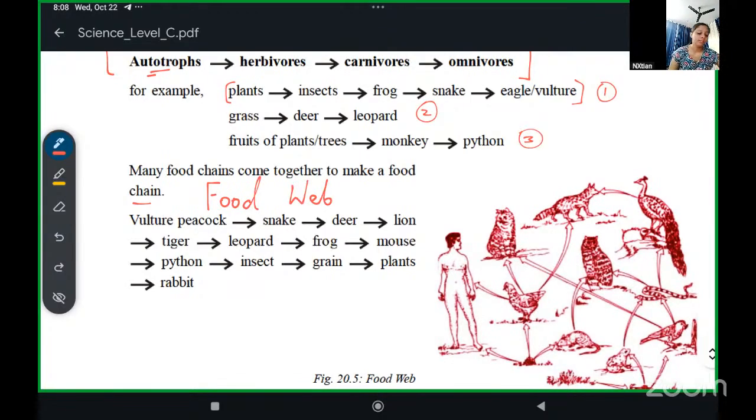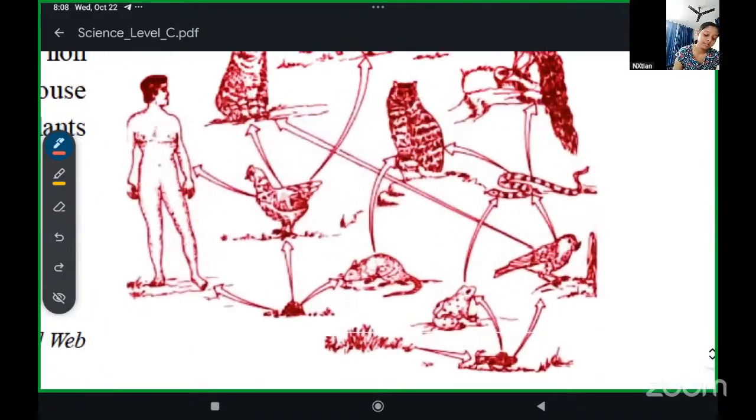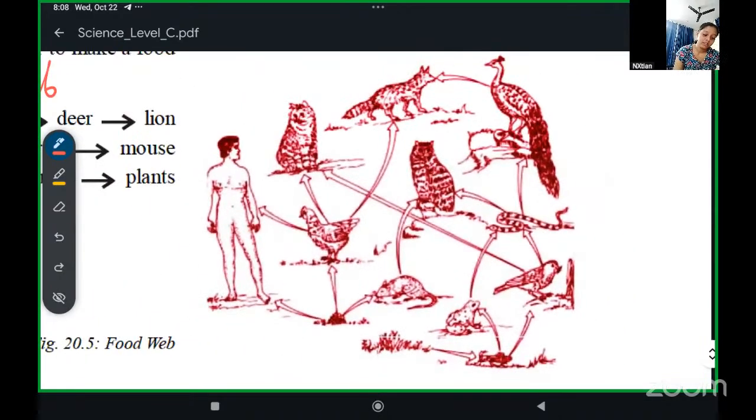Now, vulture, peacock. This is a food web, I guess. See, the chicken is eaten by cat also, the wolf also, human also.